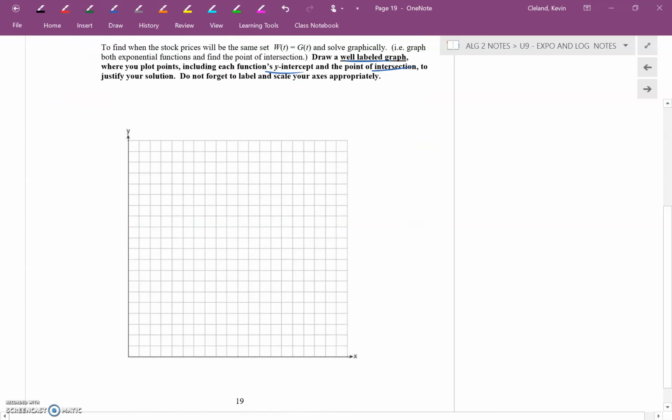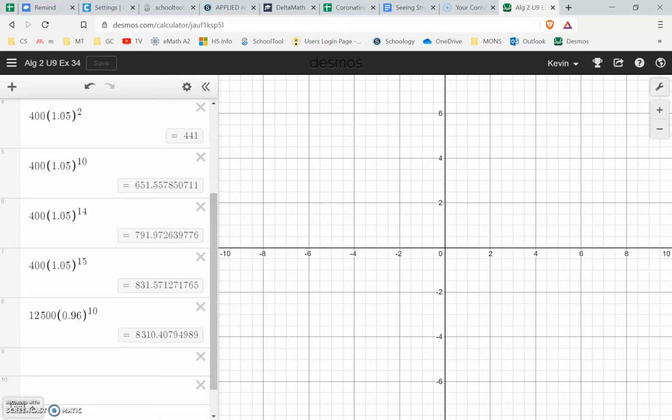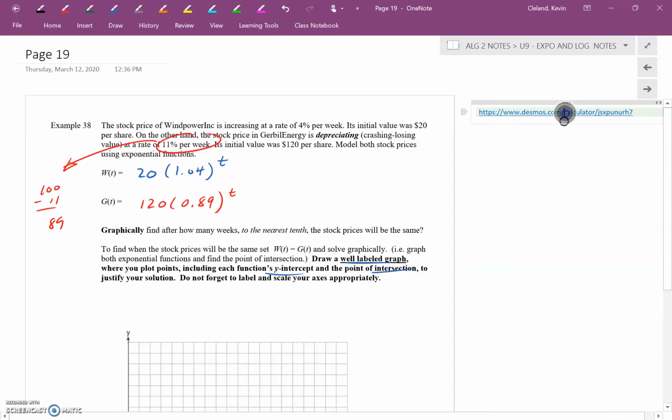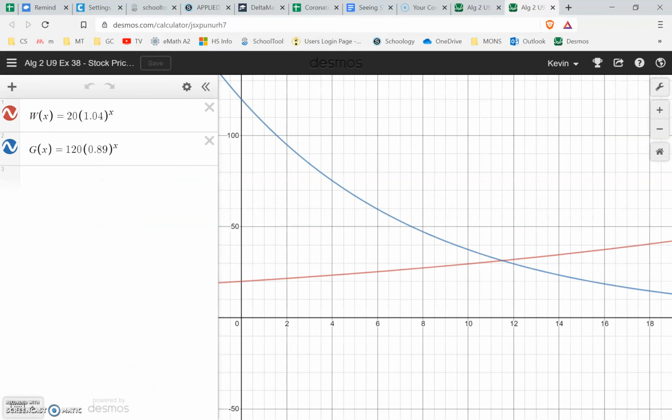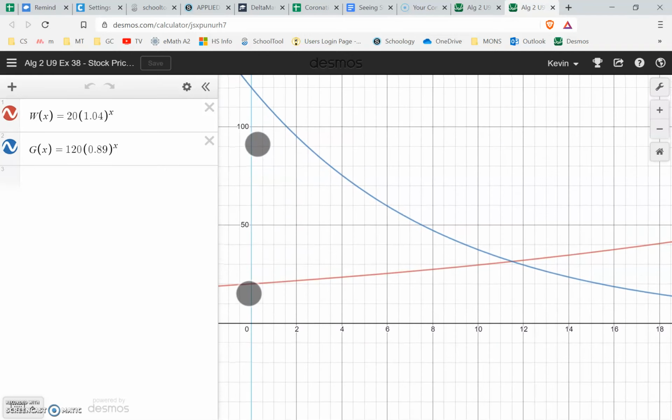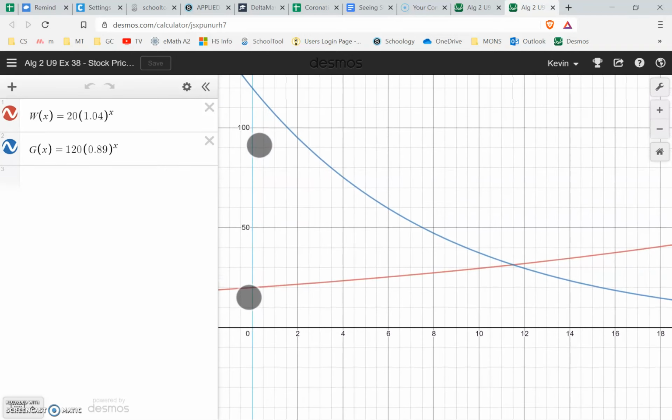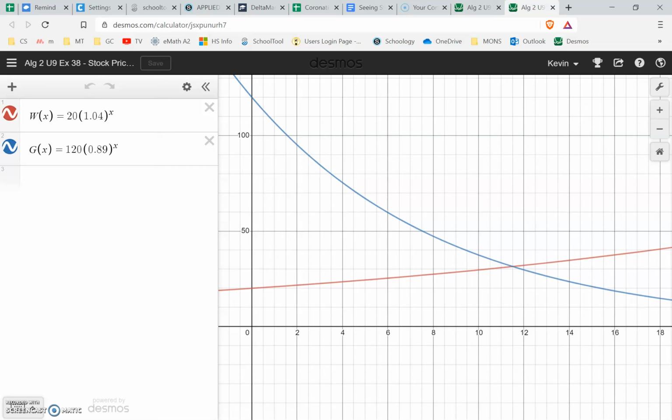So, fairly easy to do on Desmos. The key is that you can mess with your scale by pinching and zooming, so long as we can see both y-intercepts and the point of intersection, we're good.